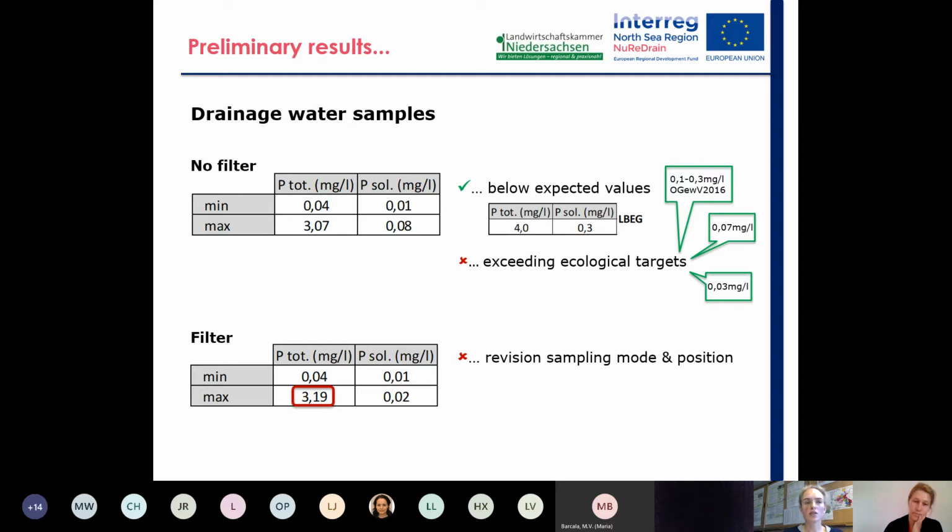If we put a filter to this system, the P total values range between 0.04 and 3.19 milligram per liter. For P soluble, values are only varying between 0.01 and 0.02 milligram per liter. So if you compare the maximum discharge for P total, you can unfortunately see that the highest discharge comes from the filter. This forced us to revise our sampling method.